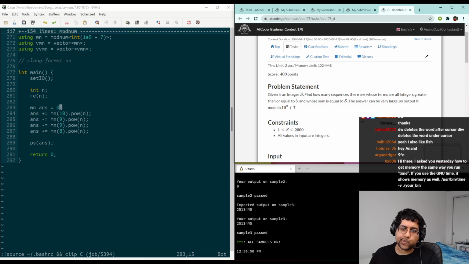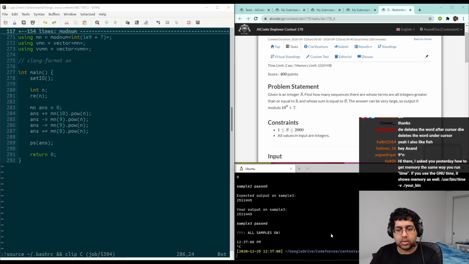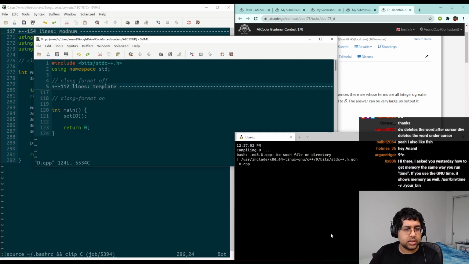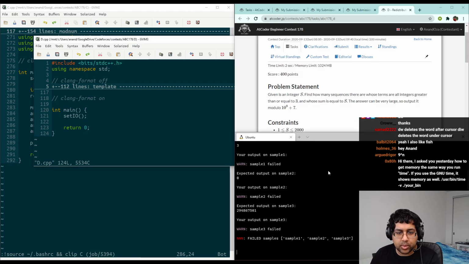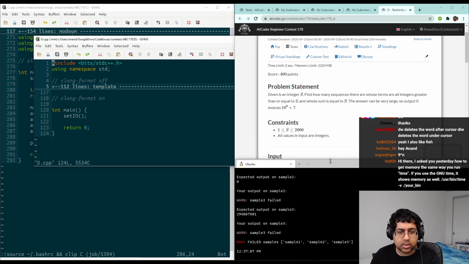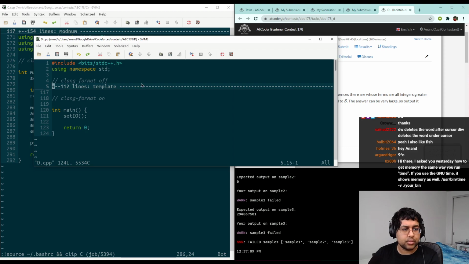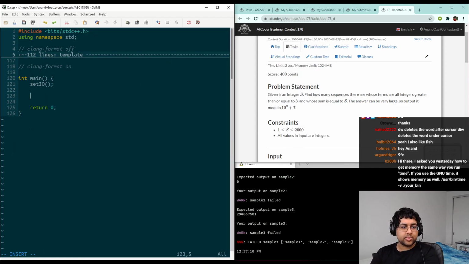Hmm. I guess, okay, so there's a bunch of ways to do this, I think, but one simple way to do it is to look at all the possible lengths of the sequence.